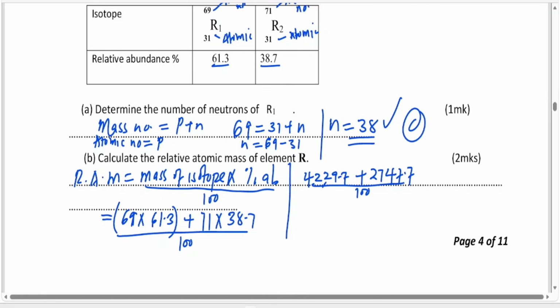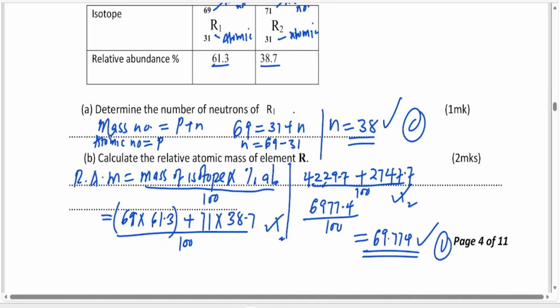The total becomes 6977.4, then divided by 100. And the relative mass becomes 69.774. So the relative mass is around 70, and remember, relative mass has no units. So this gives you 2 marks.